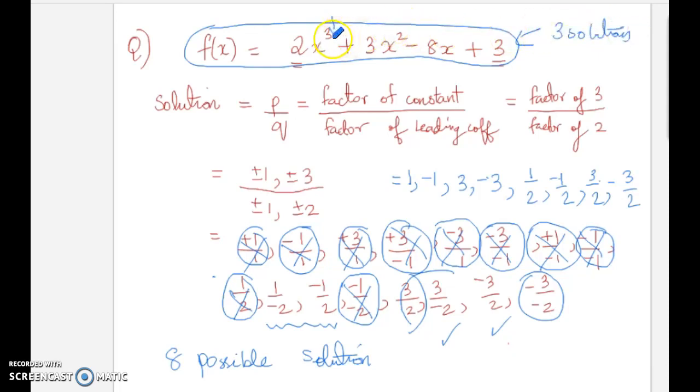Because the highest degree is 3. It cannot have more than 3 solutions. So all 3 of those solutions are among these numbers. We can predict them. 3 of these 8 numbers are going to be the solutions of this equation.